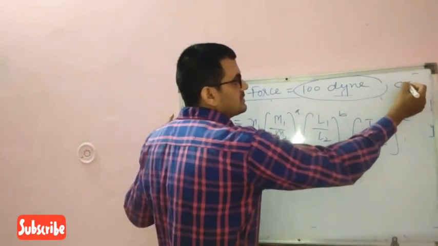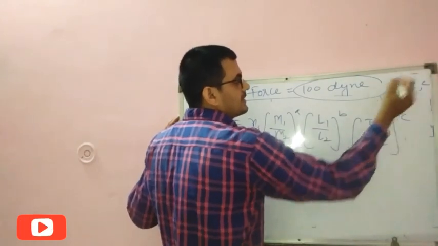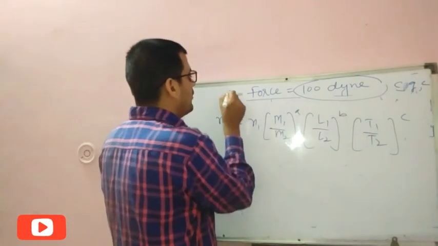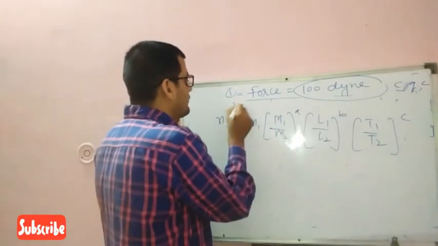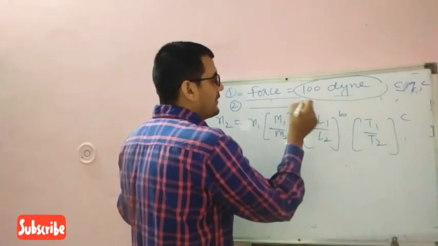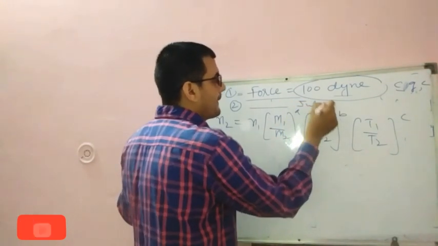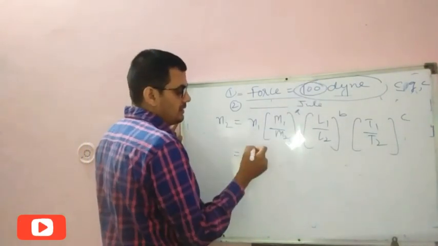Dyne means CGS, centimeter gram second. This one is for the first system, where I have applied suffix 1, and for the second system we will find joule. Now what is the value of n1? 100.